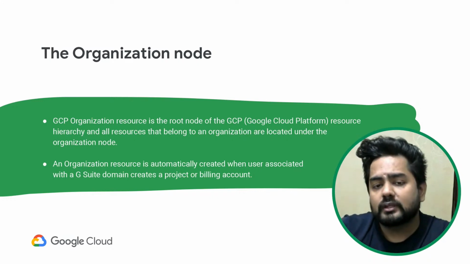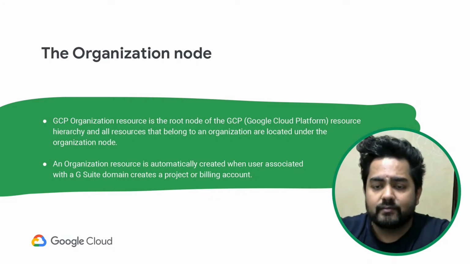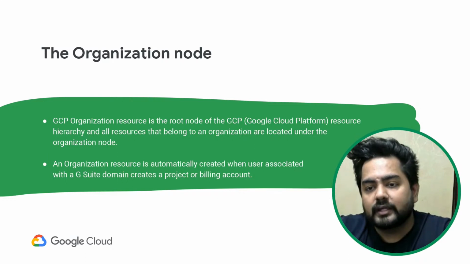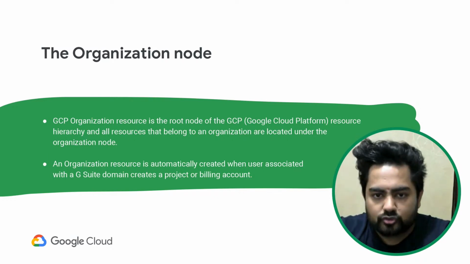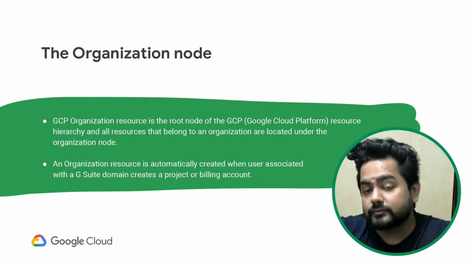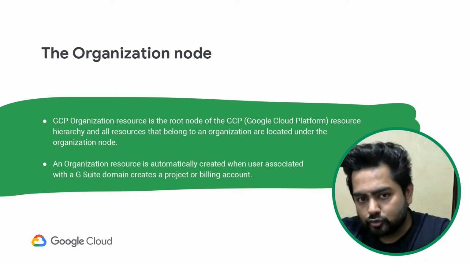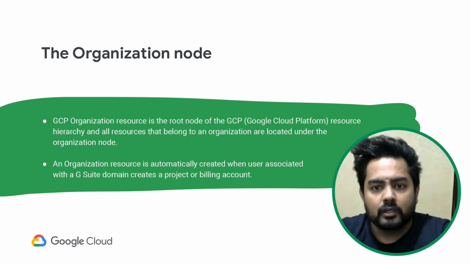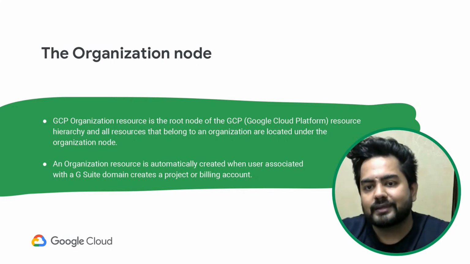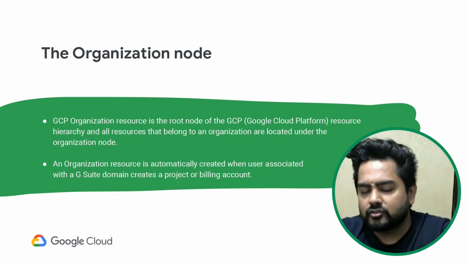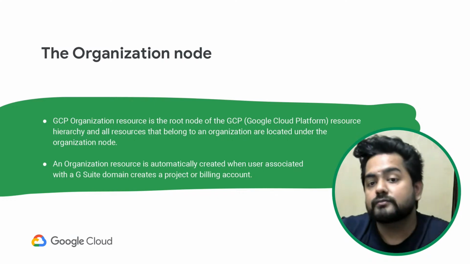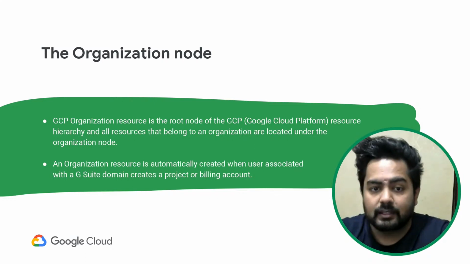You can have IAM roles granted at this level, and those roles will be inherited by all the resources under the organization. At the folder level, folders can contain projects or other folders, or a combination of both. Roles granted at the highest folder level will be inherited by all the projects or other folders contained in that folder.